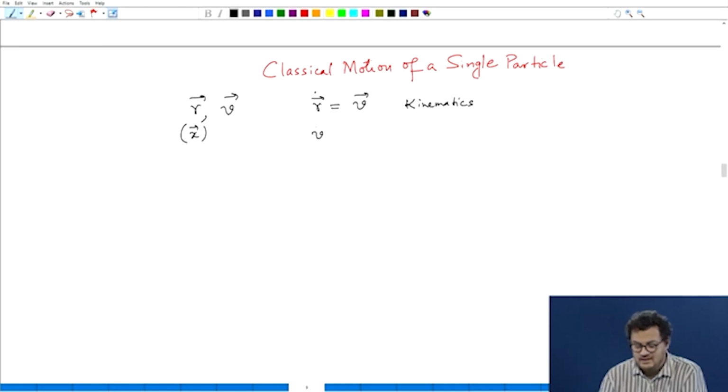and then the second one is v dot, where basically your dynamics comes, where you are trying to explain the motion and where basically you are trying to relate the motion of a particle with something external, which is a force. Okay. And this is Newton's second law, where m is the mass of the particle and f is the force exerted.